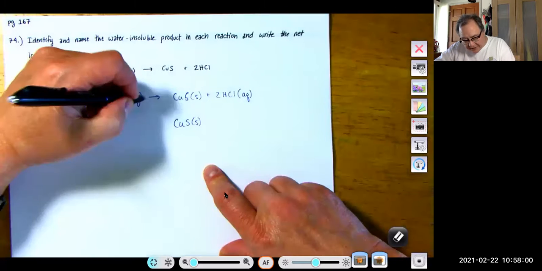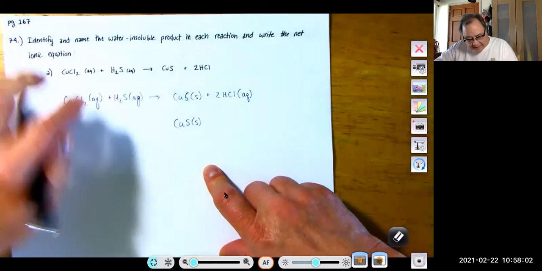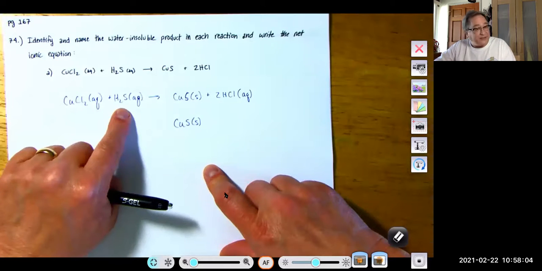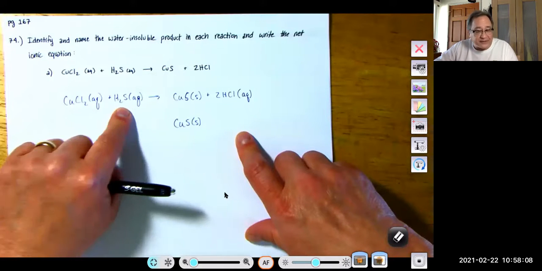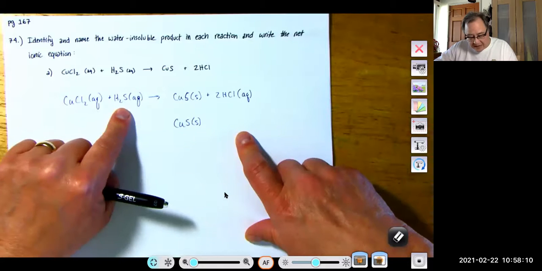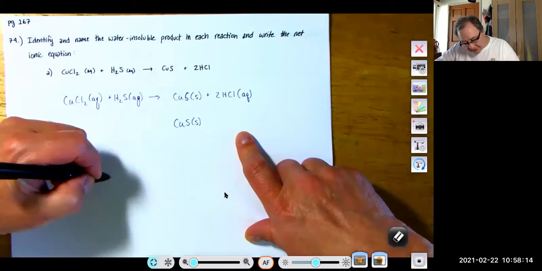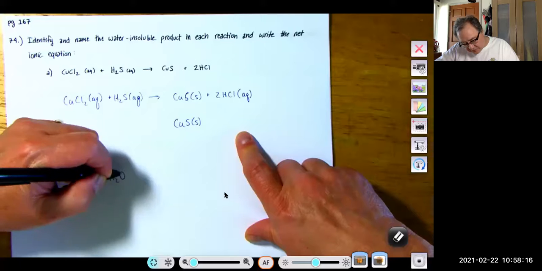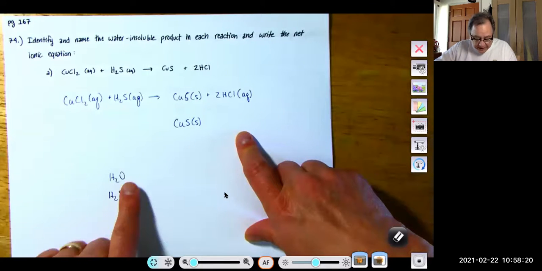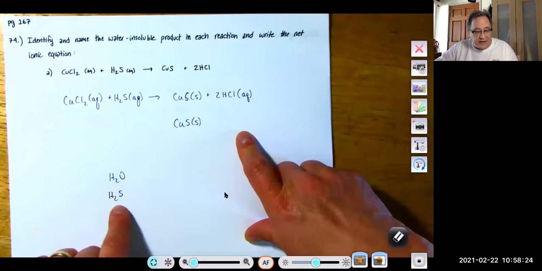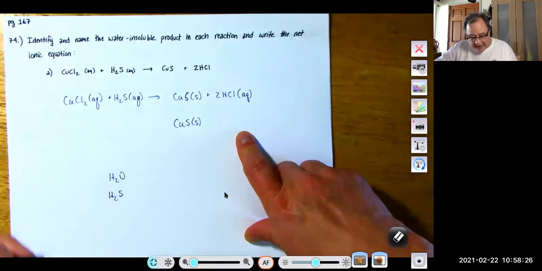Now, when we take a look at this, this turns out to be an acid, but it's not a very good acid. Now, how do I know it's not a very good acid? Well, because these two are very similar. Sulfur is in group 6A and oxygen's in 6A. What do you think of H2O as being an acid?